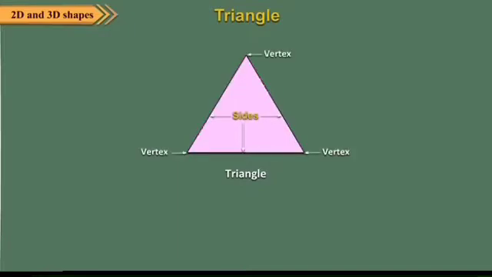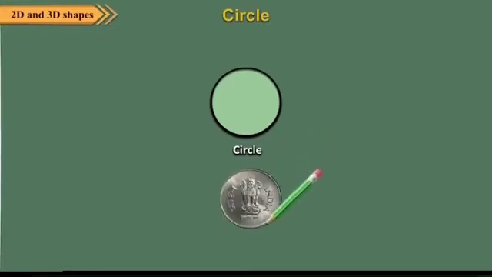It has three vertices or corners. Circle. A circle has no vertex. It is a closed loop. It can be traced with a 1 rupee coin, carom coins, etc.